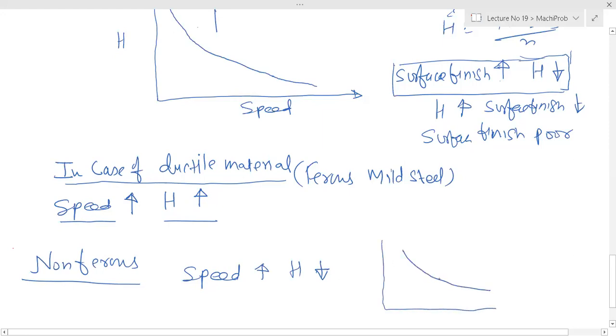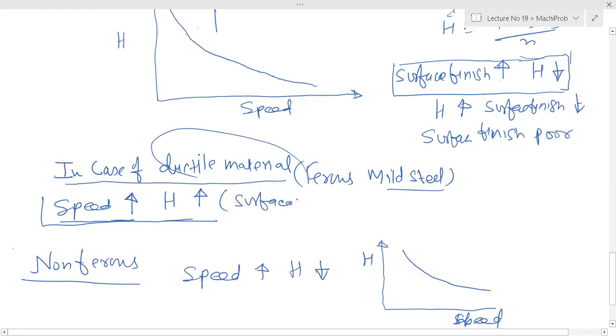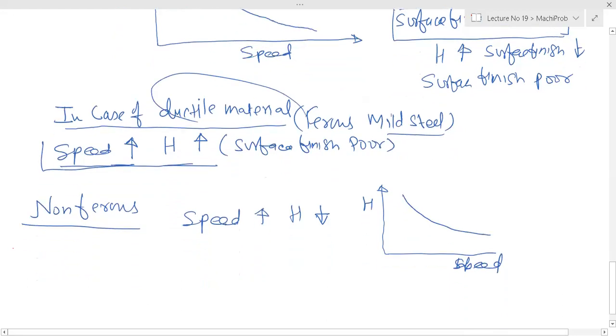This is the curve for non-ferrous against speed. So in case of ductile material, basically your ferrous mild steel, speed increases, H increases, means surface finish poor. But in case of non-ferrous, when speed increases, H decreases, means you get better surface finish.